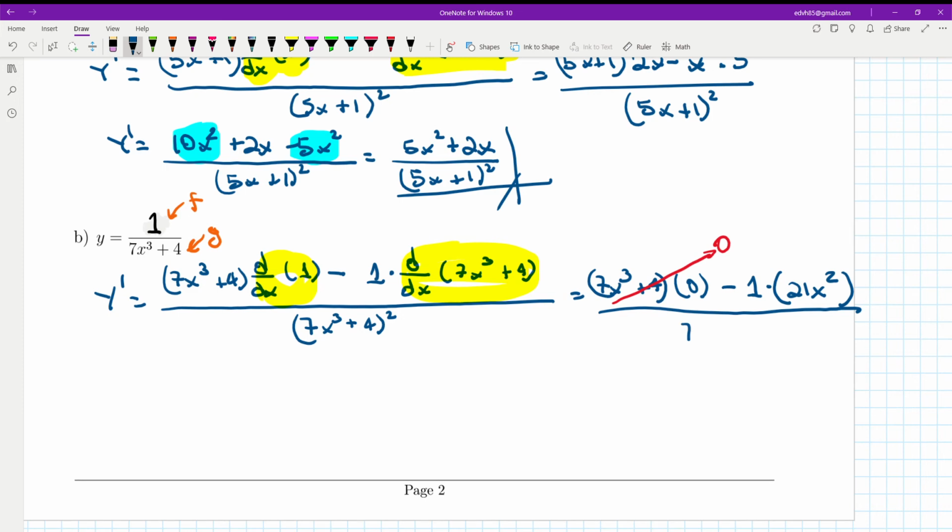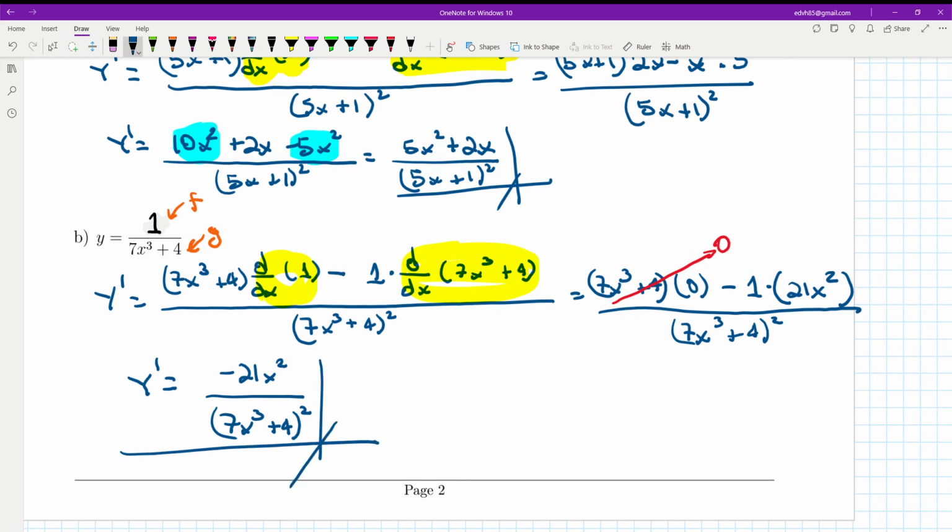And then the denominator remains 7x cubed plus 4 squared. And leaving us with, in this case, y prime equals negative 21x squared over (7x cubed plus 4) squared.